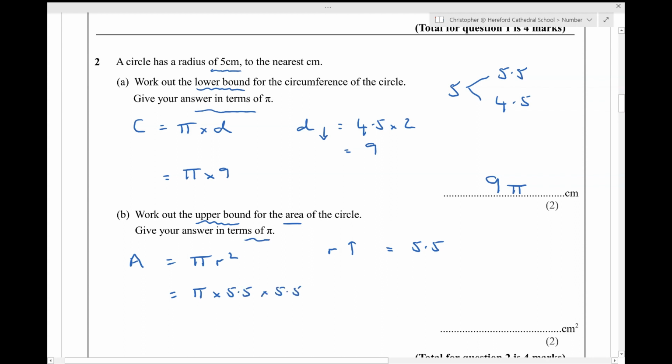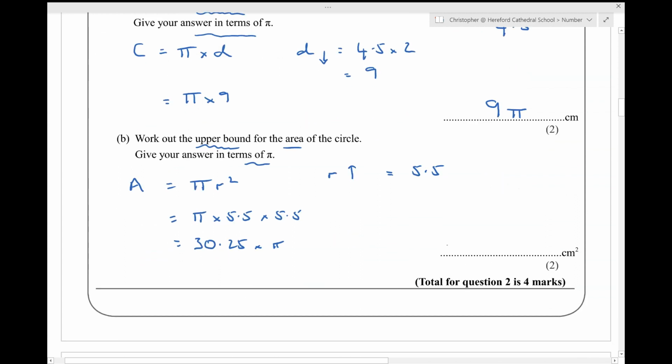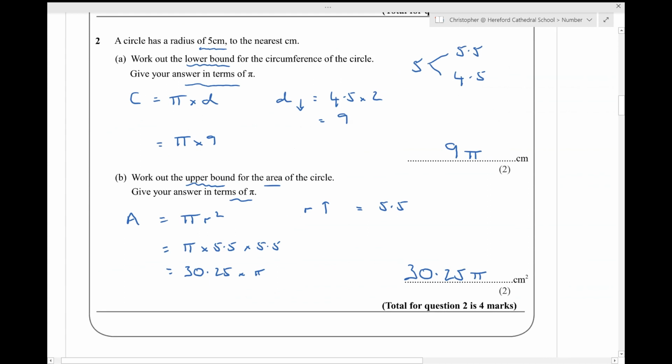And again, it says give your answer in terms of pi. So I'll use my calculator to work out 5.5 times 5.5. So that is 30.25 times pi. So I'm going to write here 30.25 pi. And that is question 2 done and dusted.